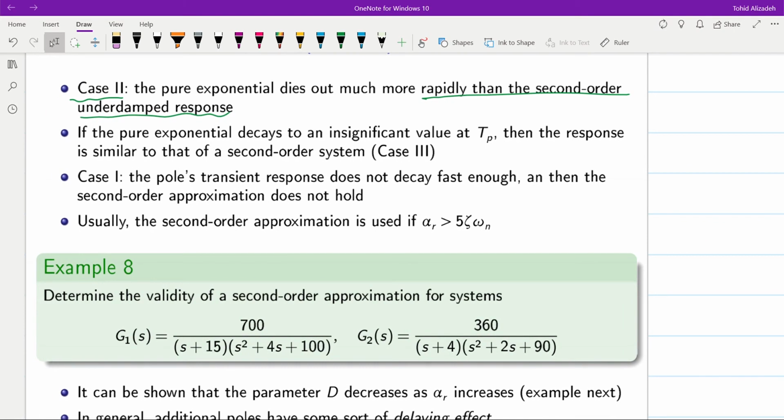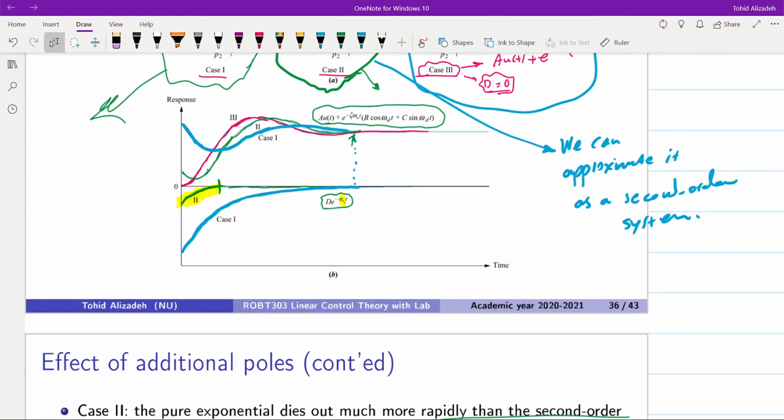We can also say that if the pure exponential part of the step response decays to an insignificant value at time Tp, with a very small value for that part of the response, then the response is close enough to a response of a second order system, which is case 3.